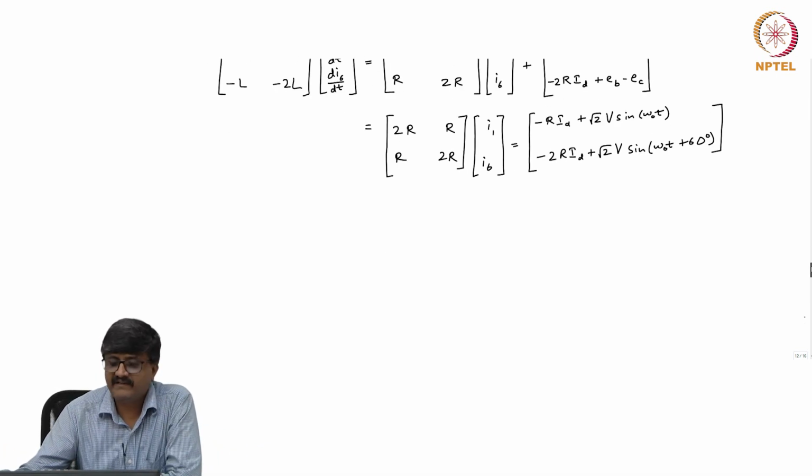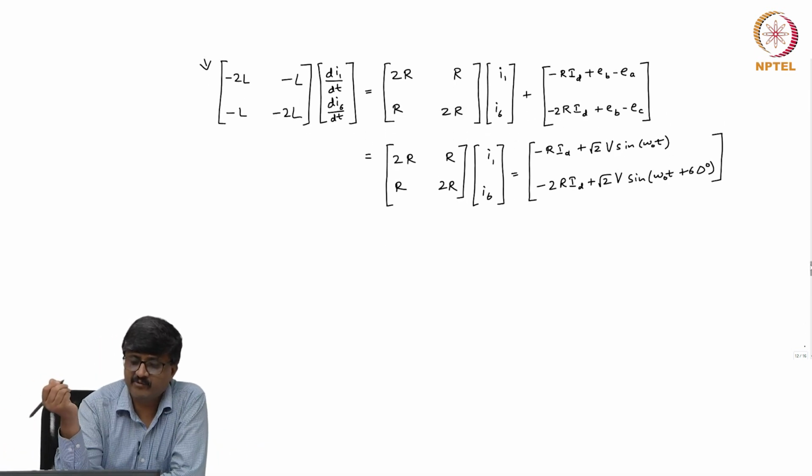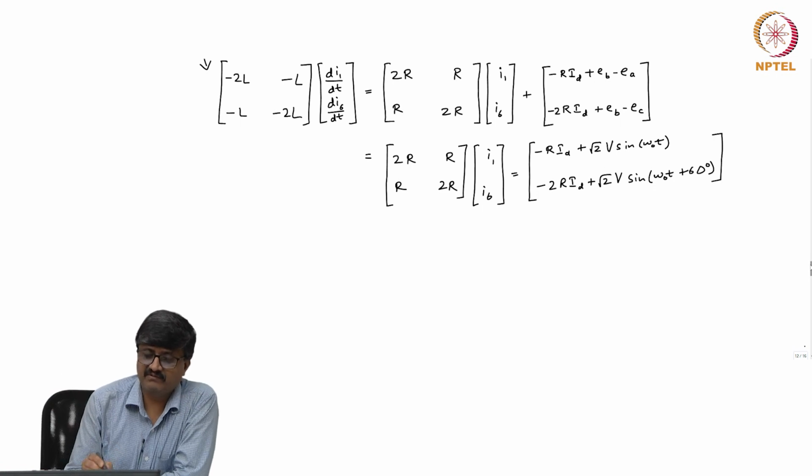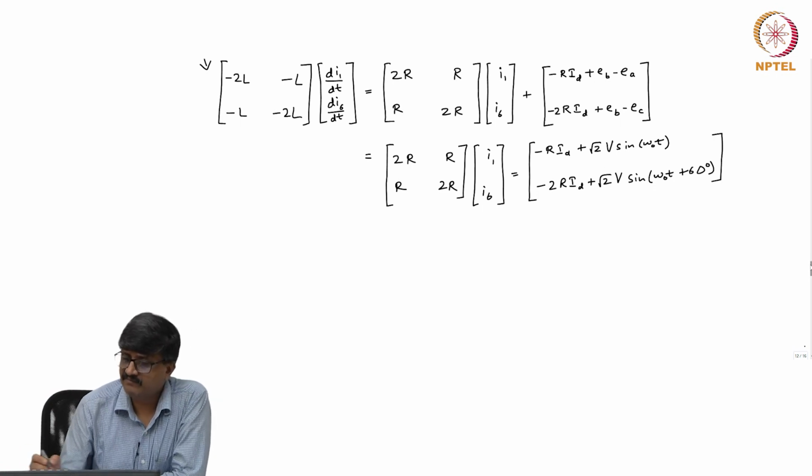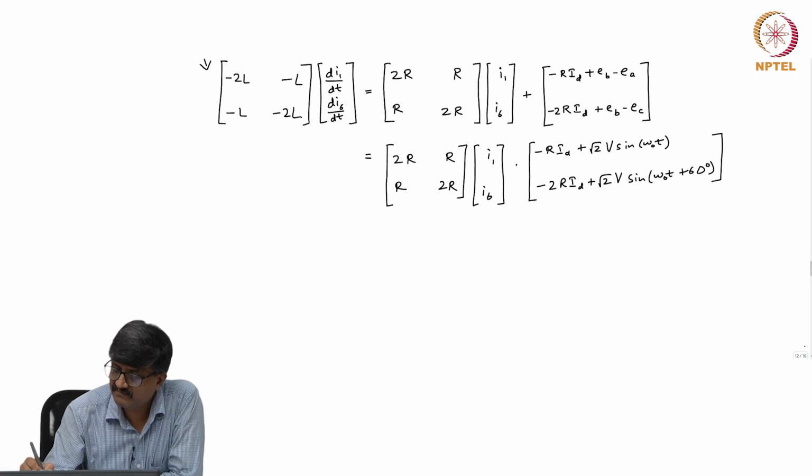So from this I can get A1 and U1. I am sorry, I made a mistake here, this is plus.